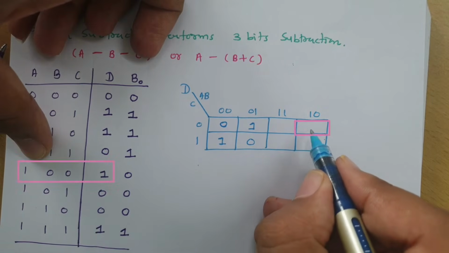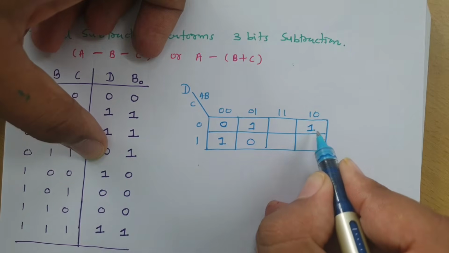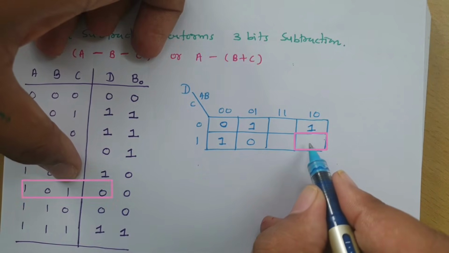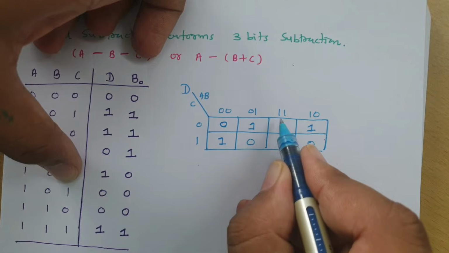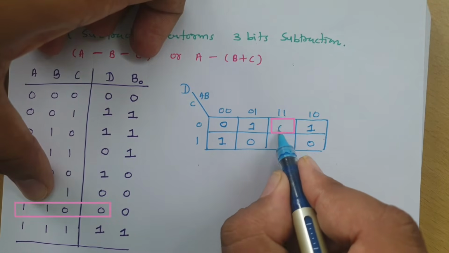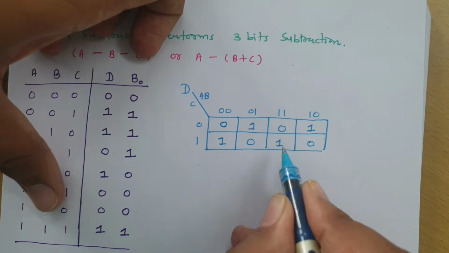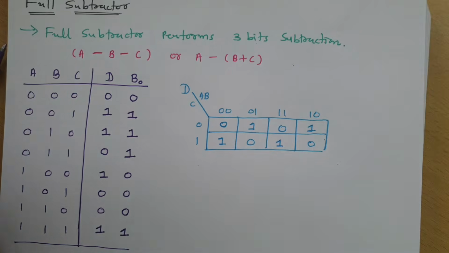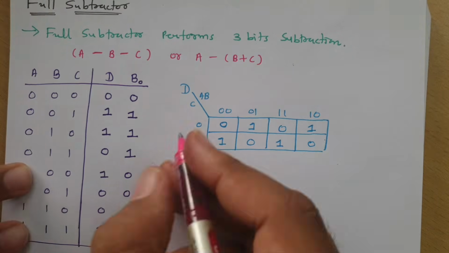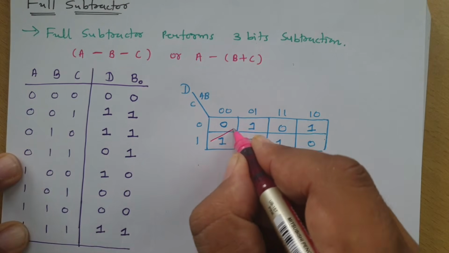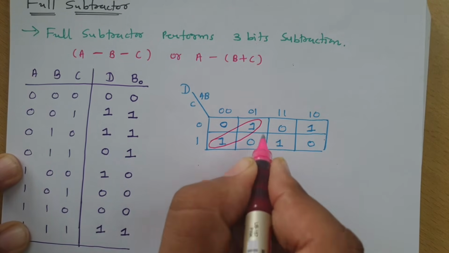Then 100, that is 1. Then 101, that is 0. Then 110, that is 0, and 111, that is 1. So if you see this solution, this is how it is.